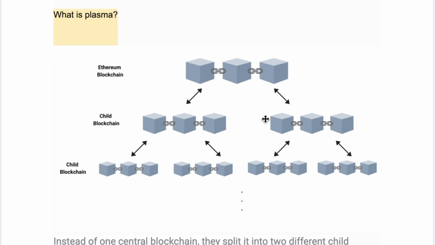So it looks like a tree with its branches and these numerous smaller chains which are created below the main one, and these smaller chains are also referred to as plasma chains or child chains, and help increase the transaction speed and scalability of the blockchain.